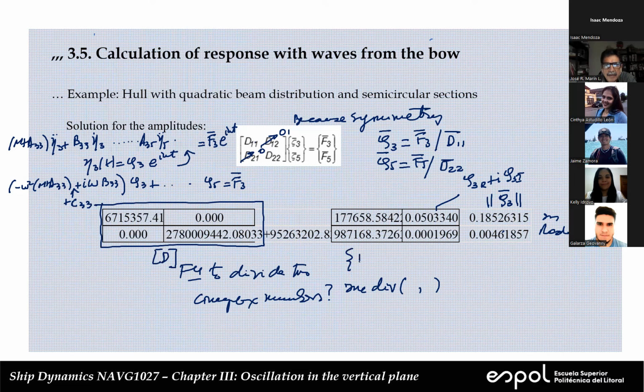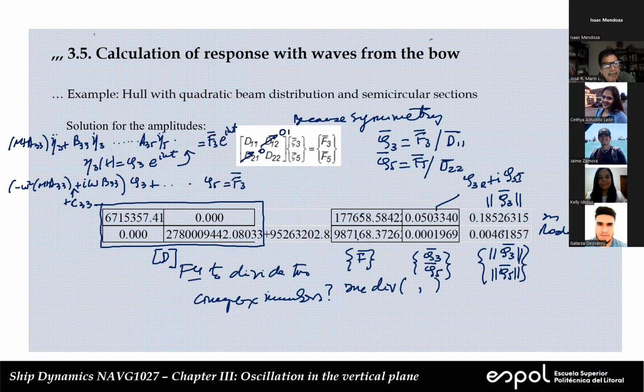This is the F vector. So this is F3, this is F5. Okay, this is zeta 3, zeta 5. And these are the amplitudes. So this is the amplitude of zeta 3, and this is the amplitude of zeta 5. Okay. Thank you, doctor. I got you.